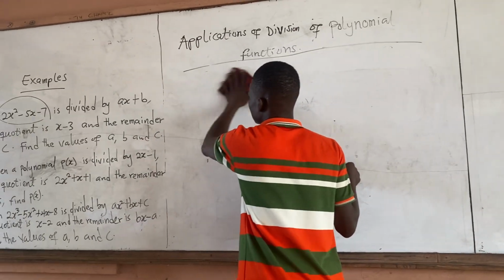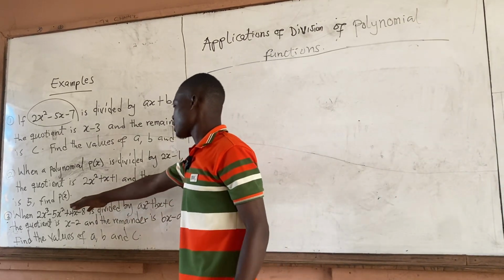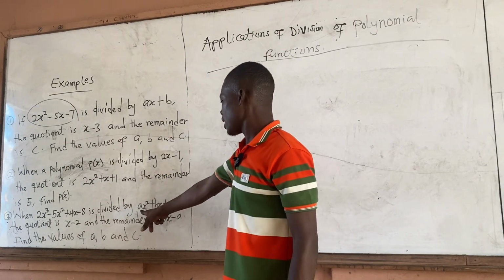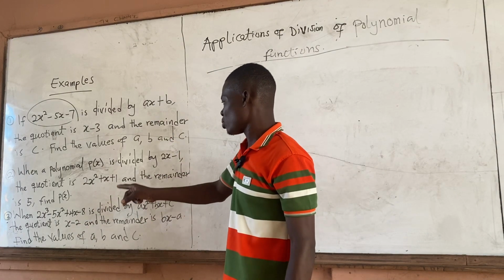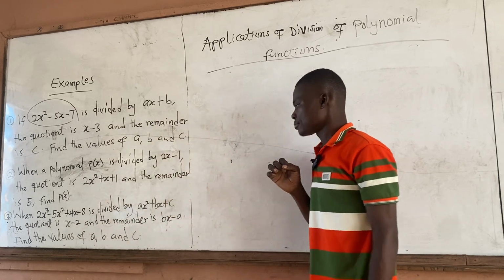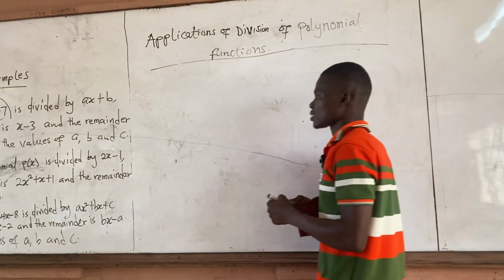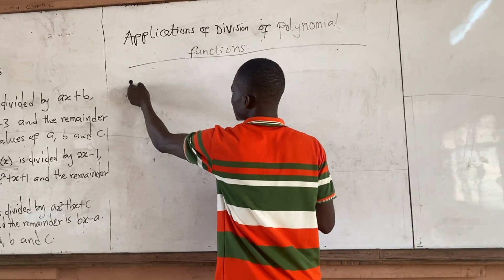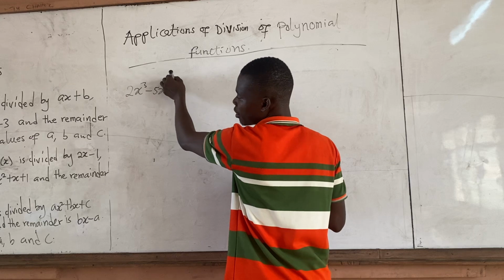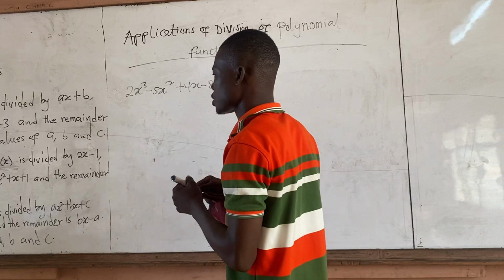So the last problem: when 2x cubed minus 5x squared plus 4x minus 8 is divided by ax squared plus bx plus c, the quotient is x minus 2 and the remainder is bx minus a. Find the values of a, b, and c. So this one too, the dividend is what? 2x cubed minus 5x squared plus 4x minus 8 is equal to the quotient.